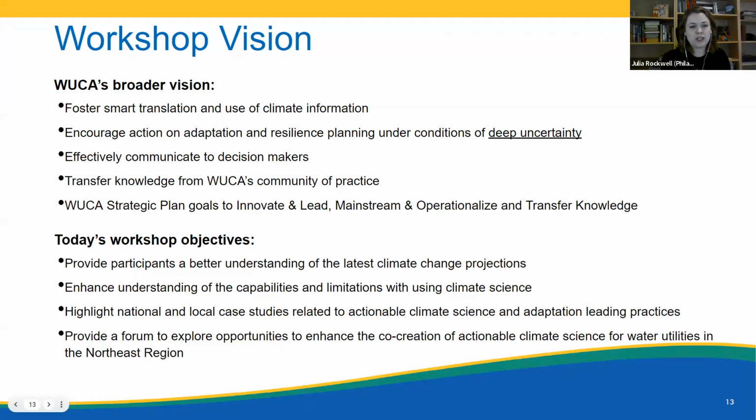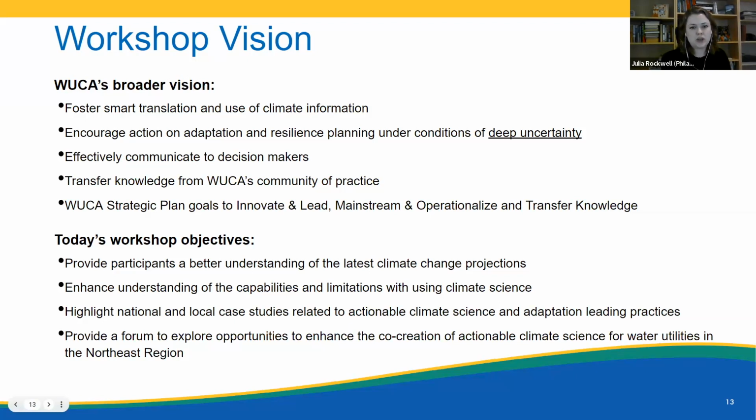So WUCA's broader vision is to foster smart translation and use of climate information, to encourage action on adaptation and resilience planning under conditions of deep uncertainty, which we will talk a lot about during this training, effectively communicate to decision makers, transfer knowledge from WUCA's community of practice, and to help WUCA achieve its strategic plan goals, which include to innovate and lead, mainstream and operationalize, and transfer knowledge. So we have some specific objectives for the workshop that we're holding for the Delaware River Basin.